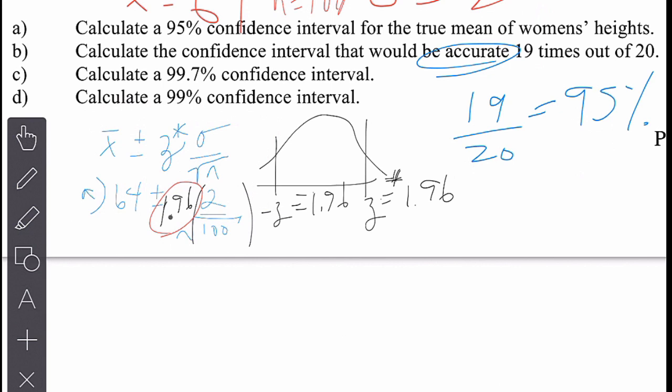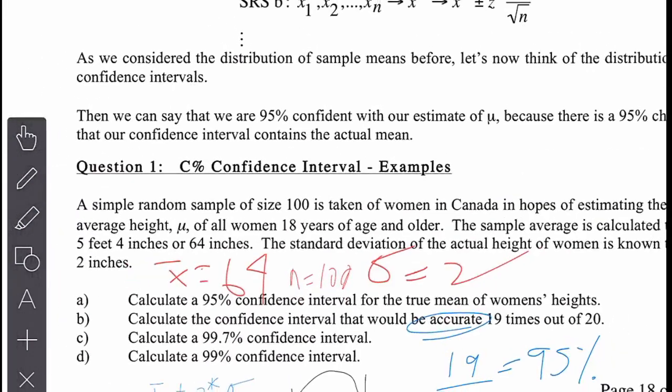If we had a different sample, we would have a different confidence interval, right? So, in fact, that's what I'm trying to explain here.